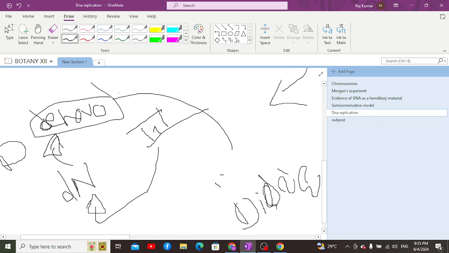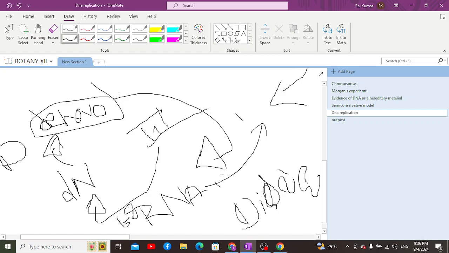In order to help it initiate replication, an RNA fragment is formed, around 6 to 10 bases long, which is known as a primer. That primer is formed with the help of another enzyme, known as primase, right?